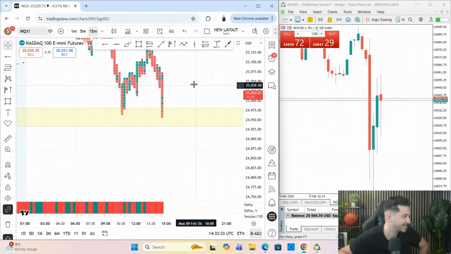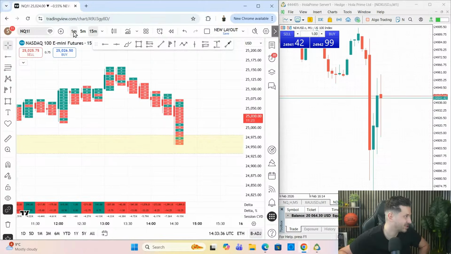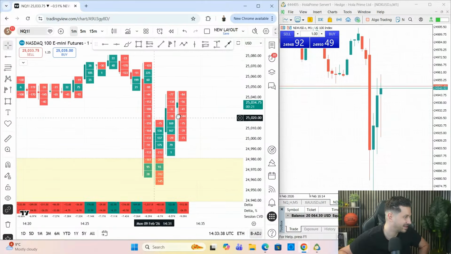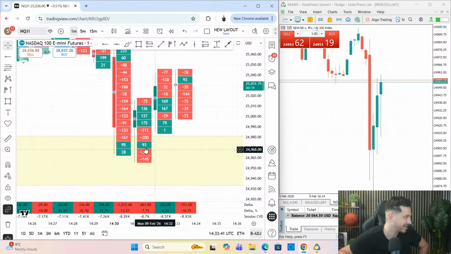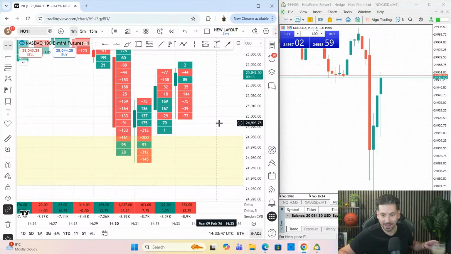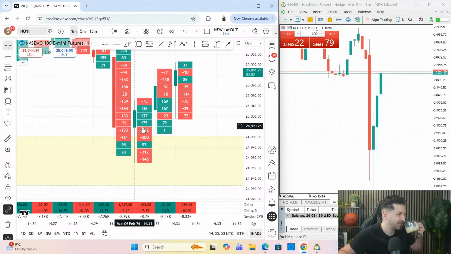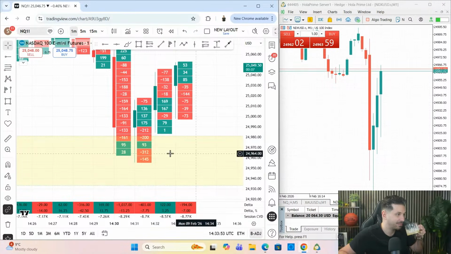I am not ready. Yeah, we had a nice little rejection of that gap by the looks of it. Oh yeah, look at that, 300 at the bottom. That was a nice opportunity. How quick that happened, who knows? But that was a nice little gap that we could have traded off. We could have at least scalped a few points there.